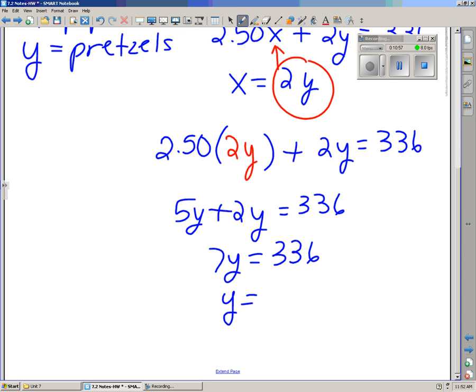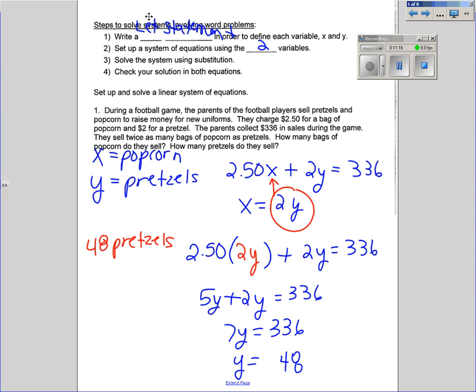You might want a calculator. Divide both sides by 7 and y equals 48. So therefore we know that there were 48 pretzels sold. All we need to do now is figure out how many bags of popcorn there were. And we know that popcorn was twice the amount of pretzels.